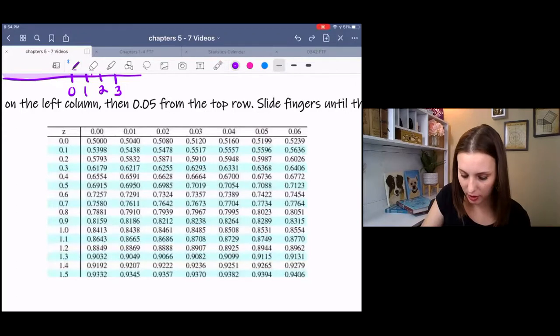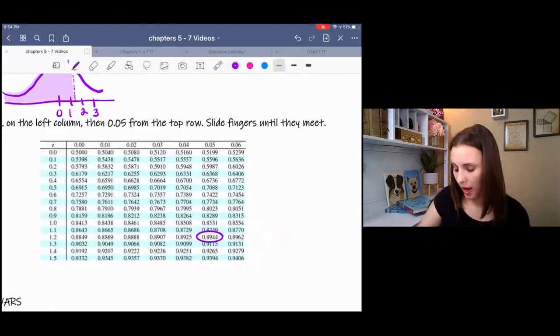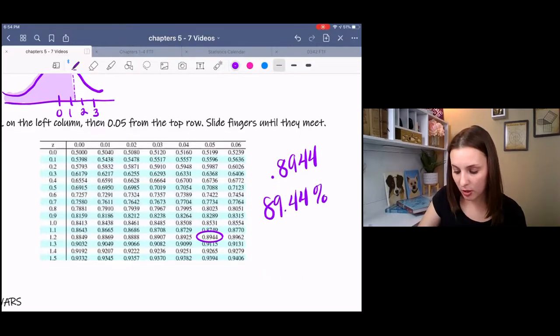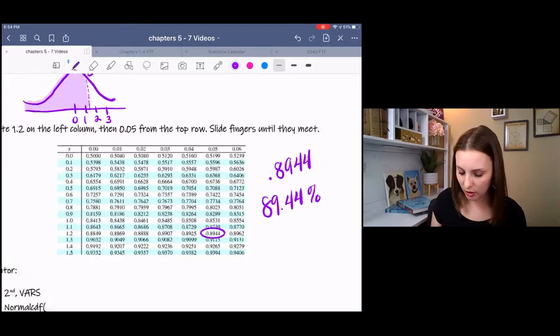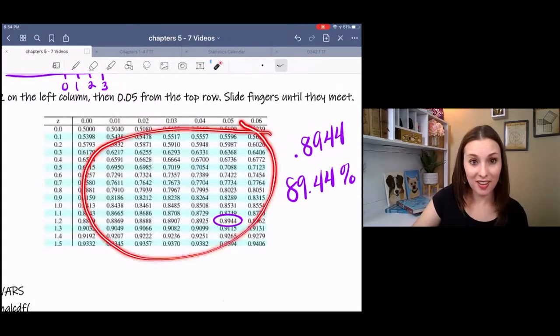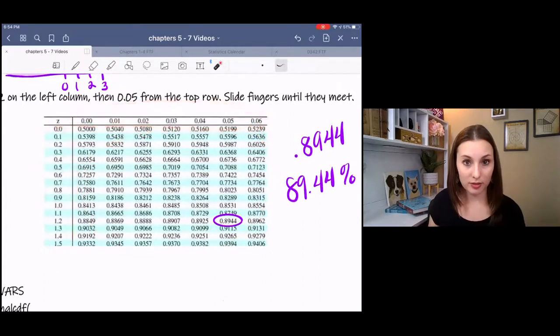Oh, that's ugly. Let's fix it. There we go. So the area to the left of 1.25 is 0.8944. This means that 89.44% of our observations are less than 1.25, a z-score of 1.25. So these values represent area, and these values represent z-score. Isn't that fun?